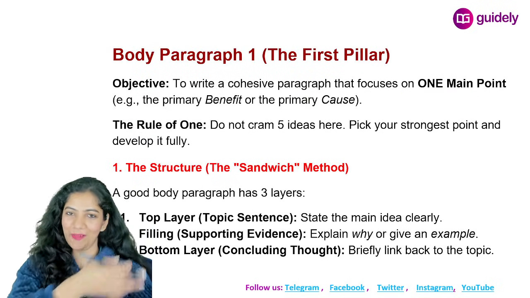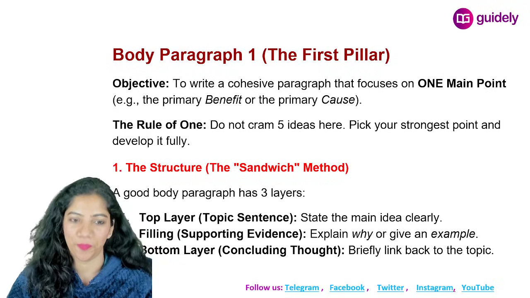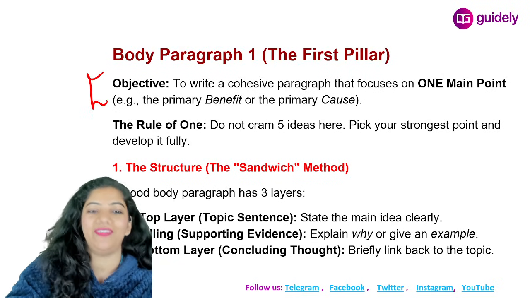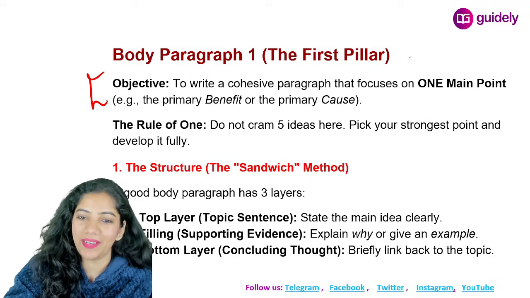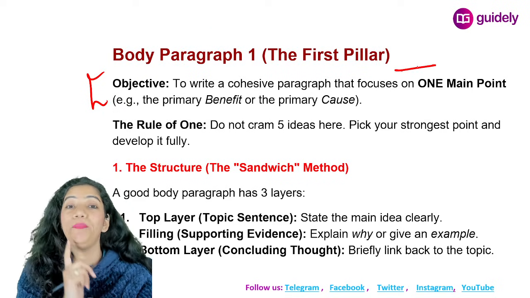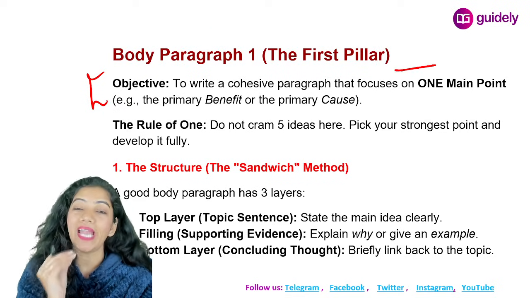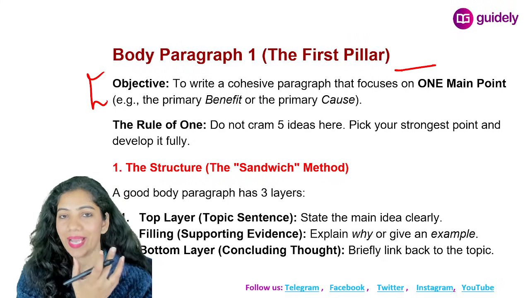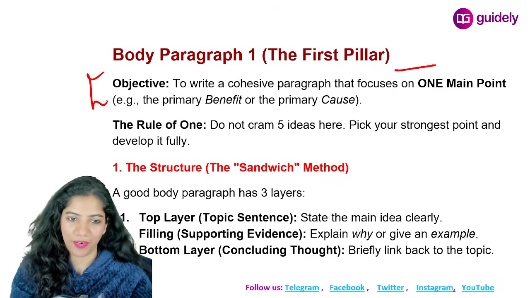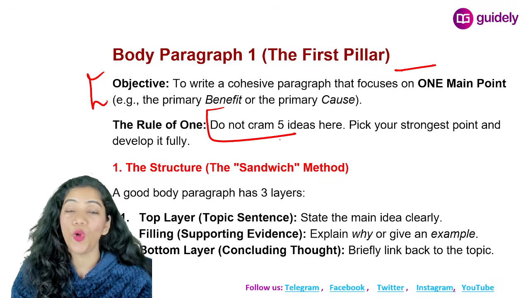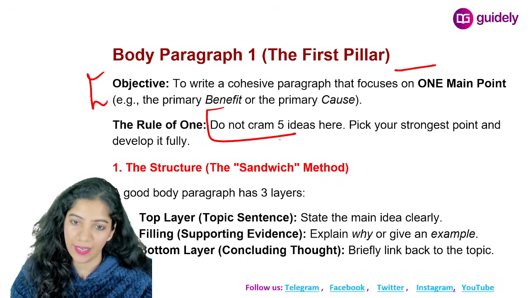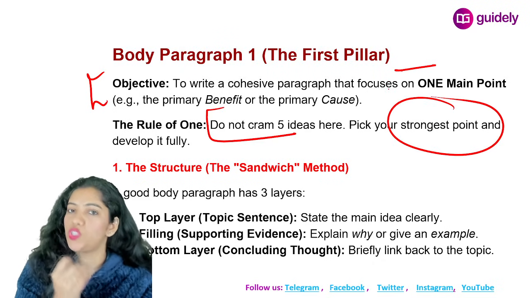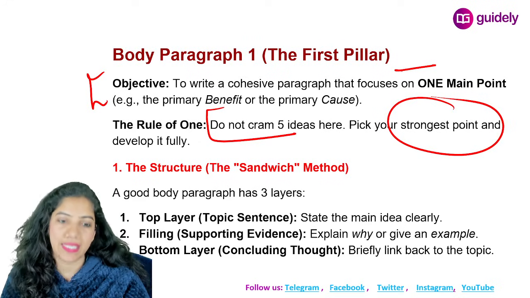So let's come to the body paragraph. The first pillar is the objective. To write a cohesive paragraph that focuses on one main point, the primary point of your essay is your first body paragraph. The rule of one, do not cram 5 ideas here. Pick your strongest point and its example.